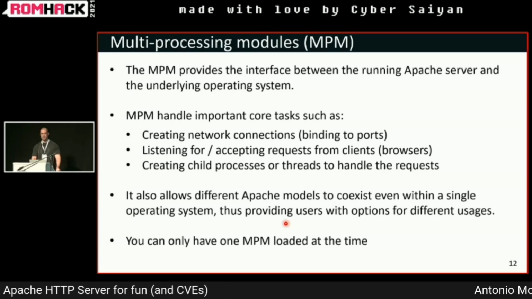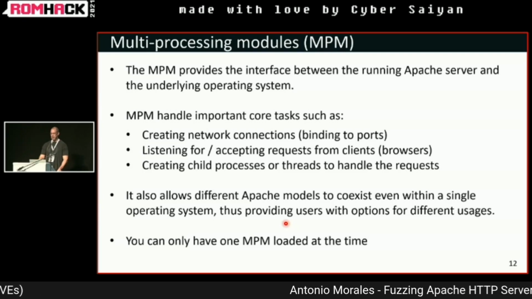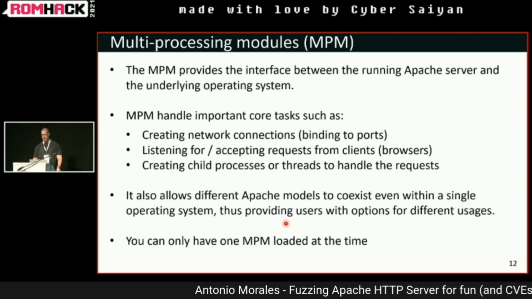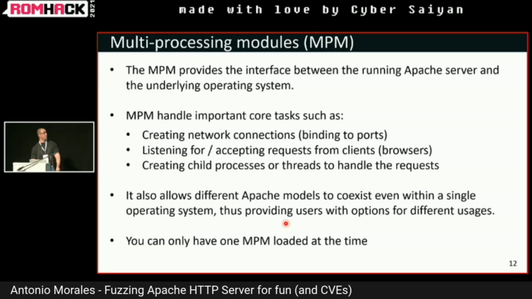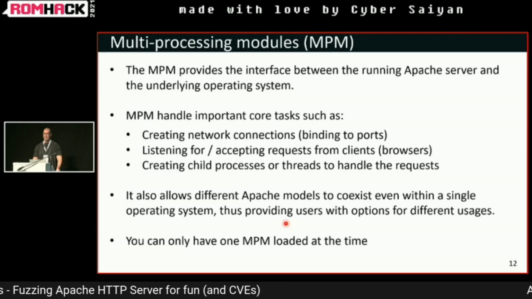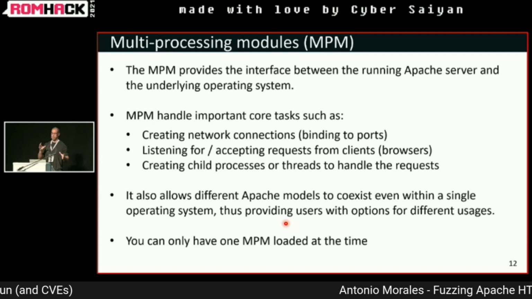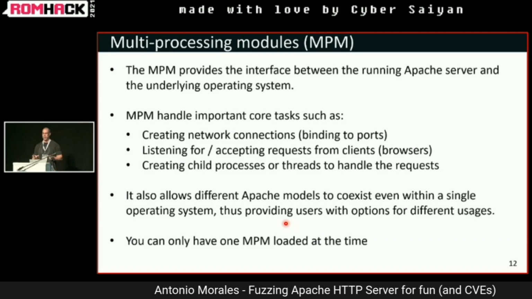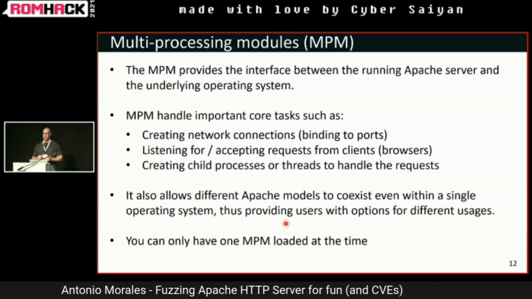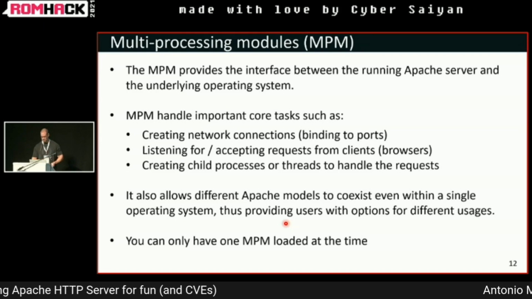Between the tasks that the MPM handles, we can find, for example, creating the network connections, listening for requests and accepting requests from the clients. And MPM can also handle the creation of processes and threads. And it's important to note that we can only have one MPM running or loaded at a time.